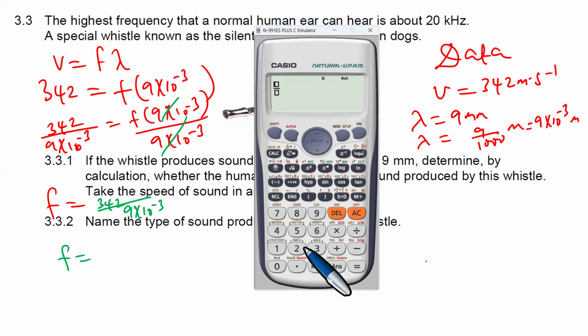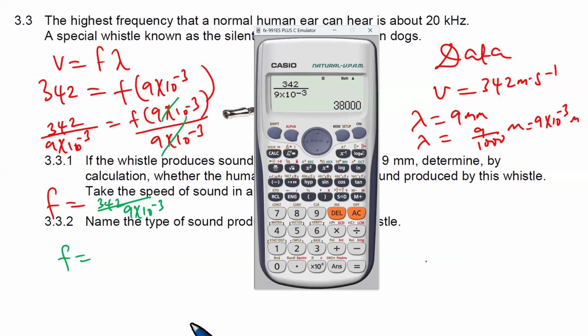If you have 342 and you divide that by 9 times 10 to the exponent minus 3, you're getting exactly 38,000.